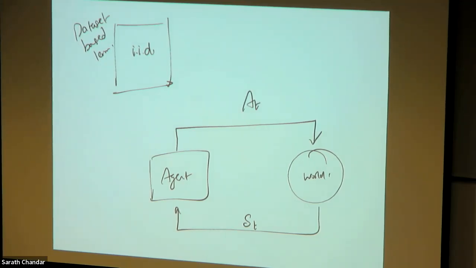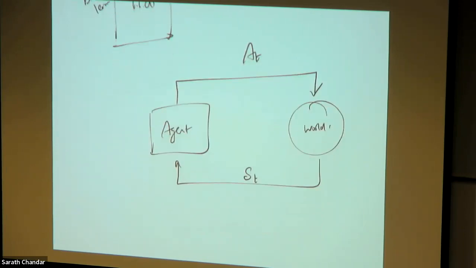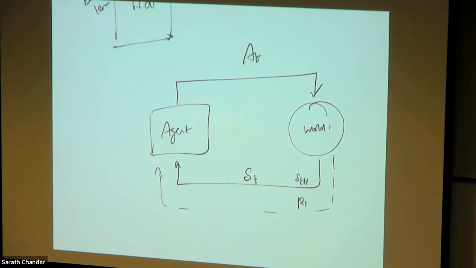Once it takes that action, it is going to receive the next state and also a reward for the action, right? So this is a closed loop interaction setting.